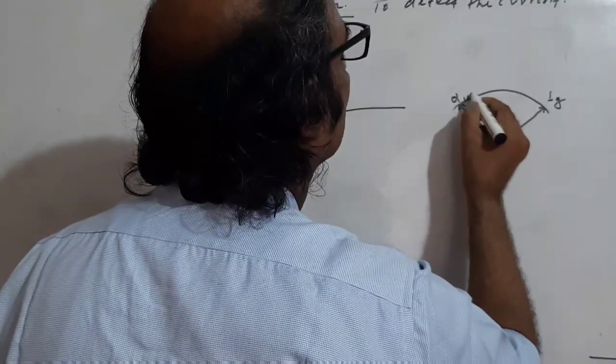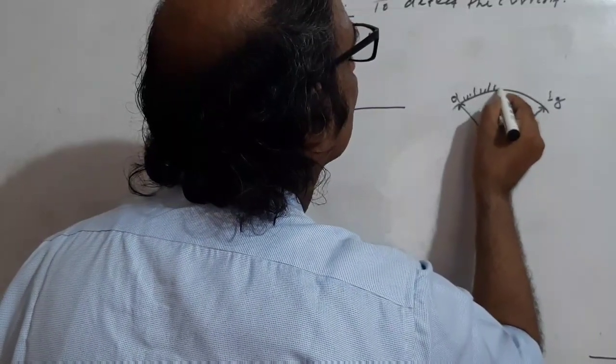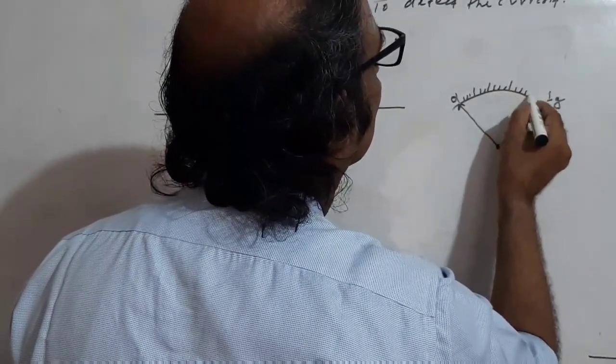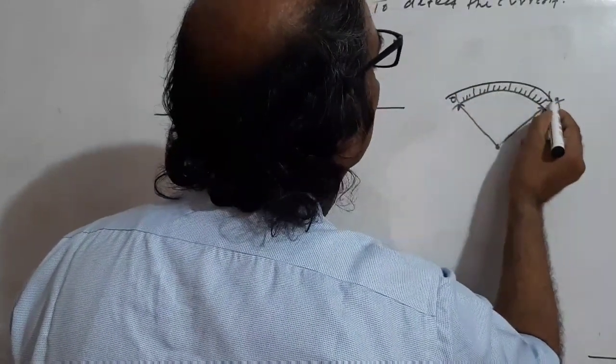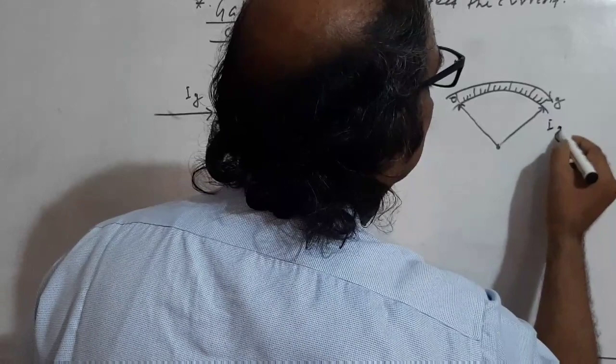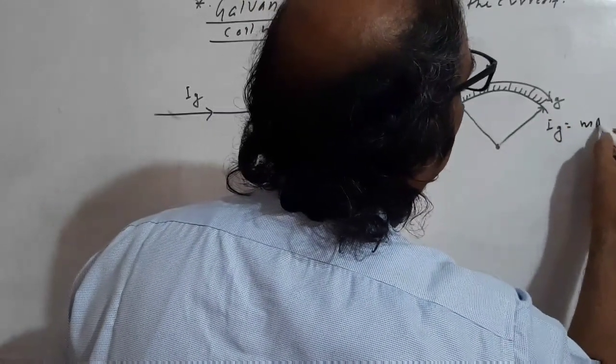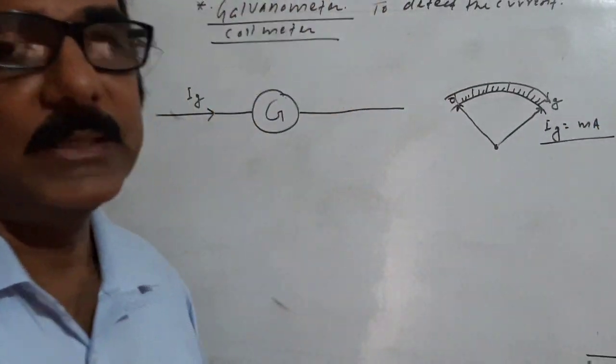This is the representation of the galvanometer, and this Ig is in general represented in milliamperes.